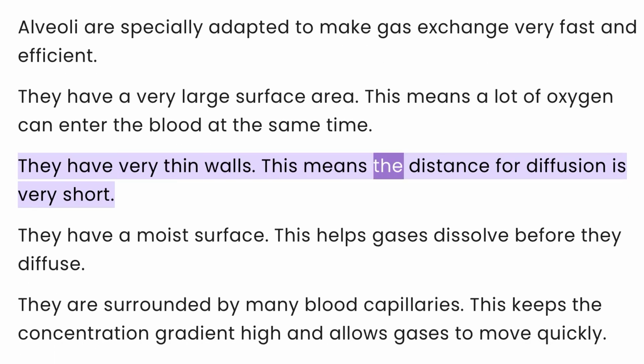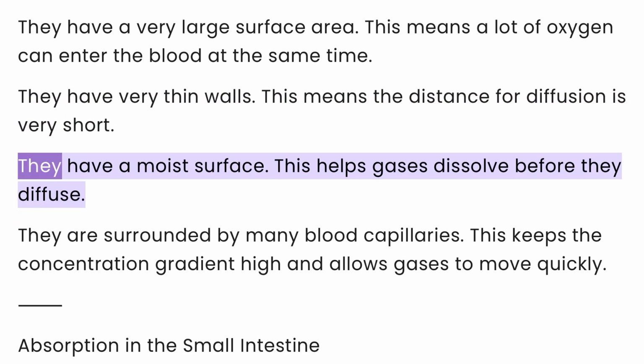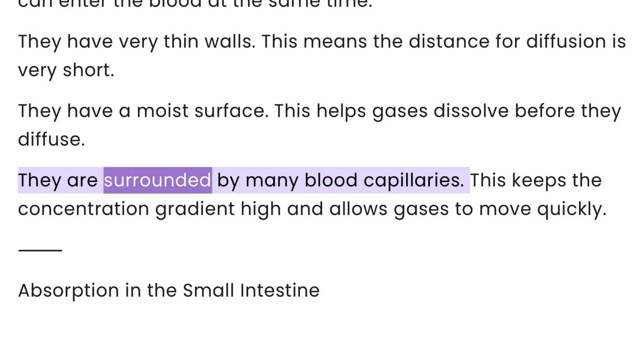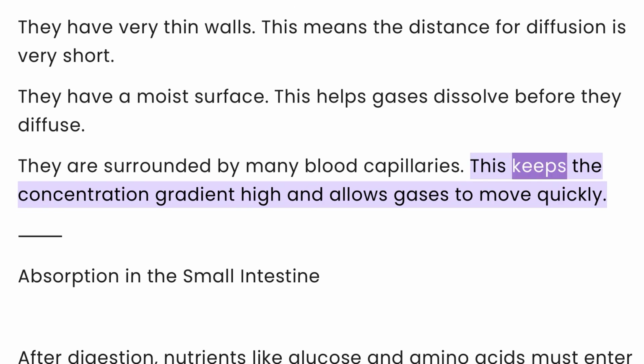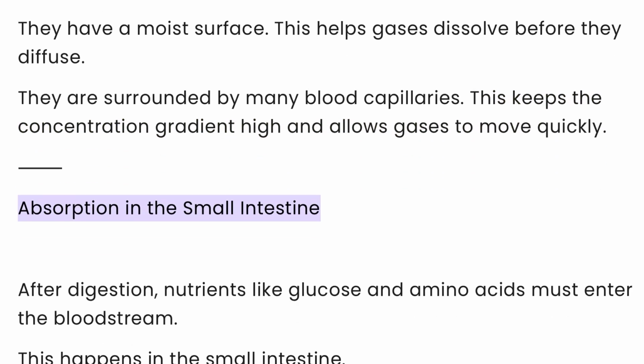This means the distance for diffusion is very short. They have a moist surface. This helps gases dissolve before they diffuse. They are surrounded by many blood capillaries. This keeps the concentration gradient high and allows gases to move quickly.